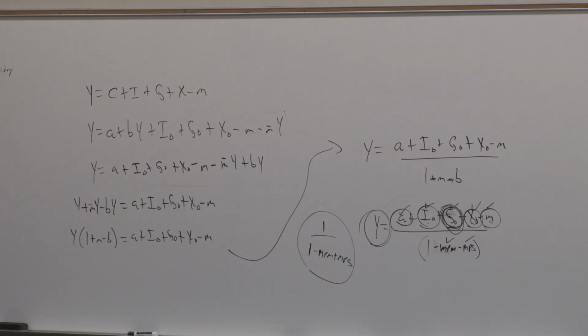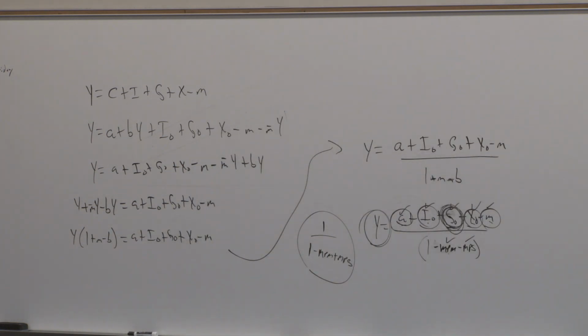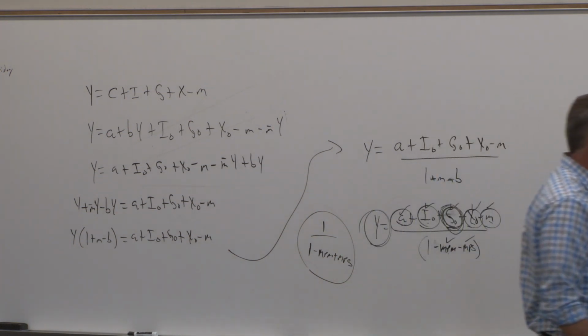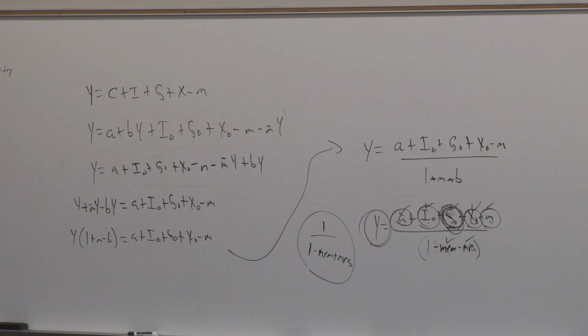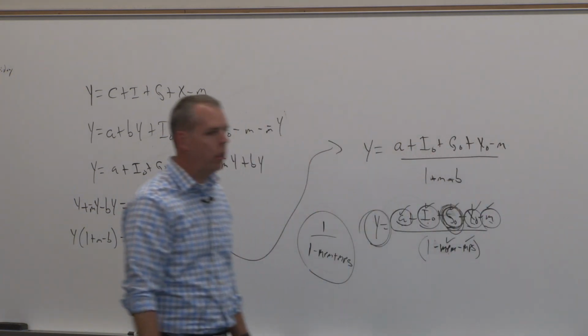In other words, what Keynes is saying is that we can micromanage the economy. If we know these numbers, our marginal propensity to consume, our marginal propensity to import, the amount of investment and exports and all this other kind of stuff, you can be anywhere. There's no reason to ever have a recession again.